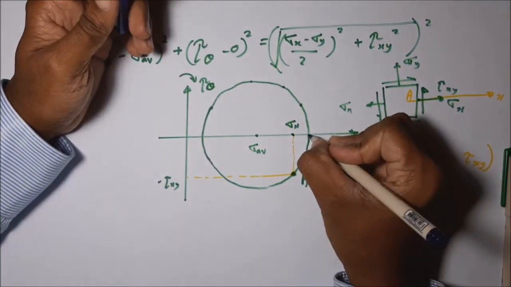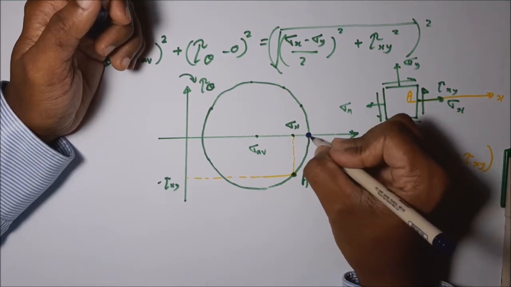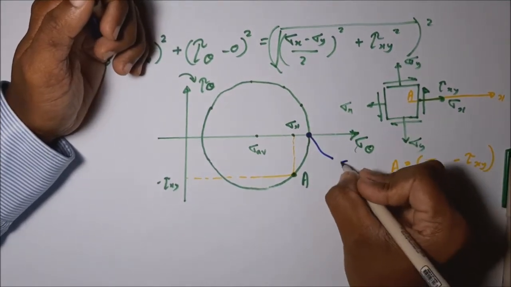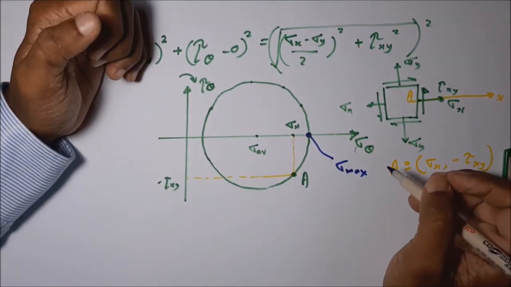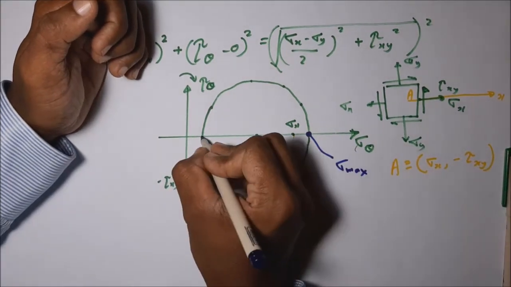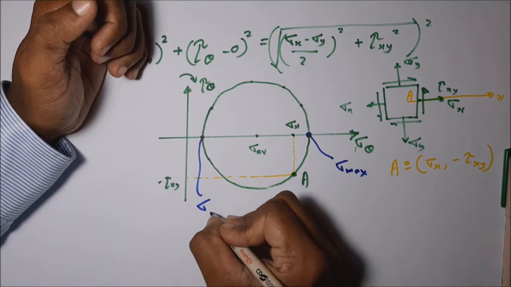At this point sigma theta is maximized. This is called the maximum principal stress. Then you can see another point where sigma theta is at its minimum value, sigma minimum.